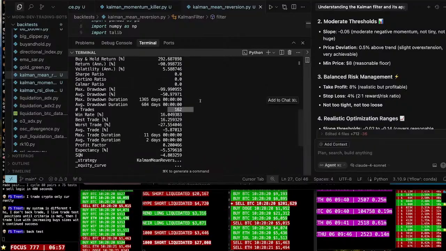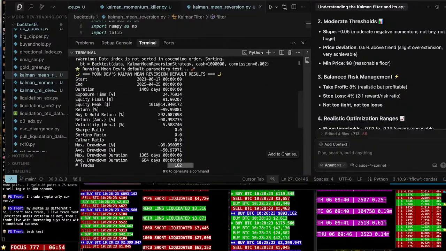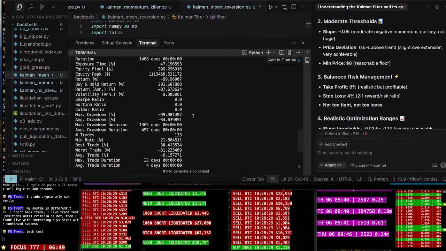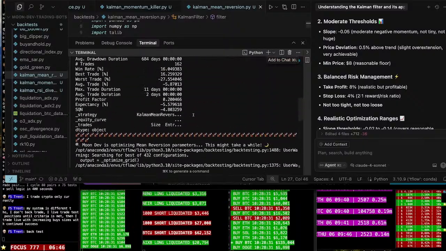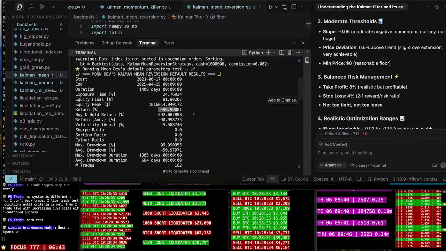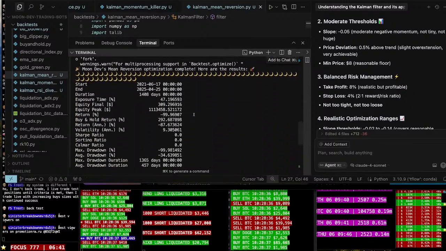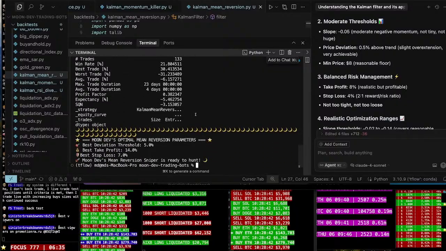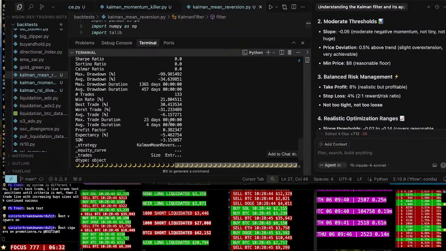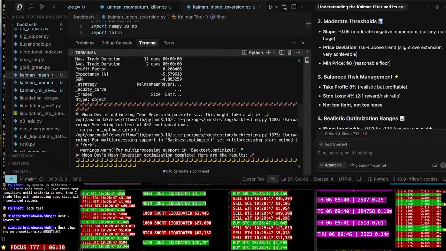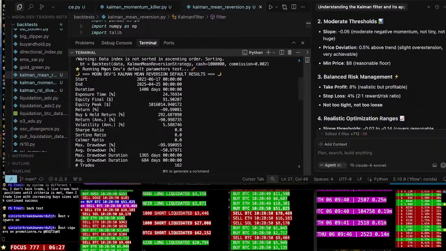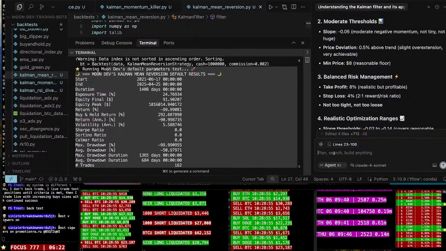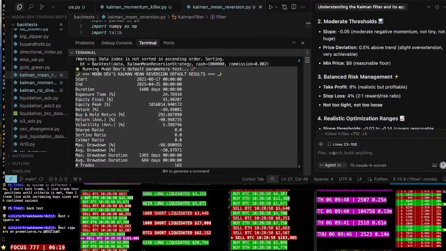162 trades. It blew up as well. Return. Optimization. I like the idea of using a Kalman filter on a mean reversion strategy, but this one did poorly.